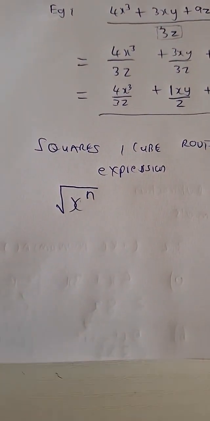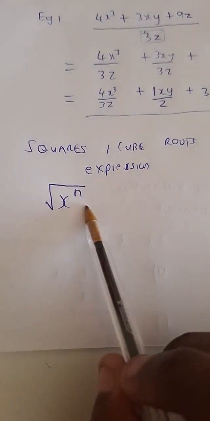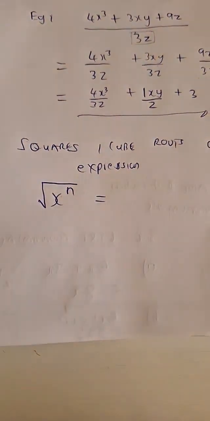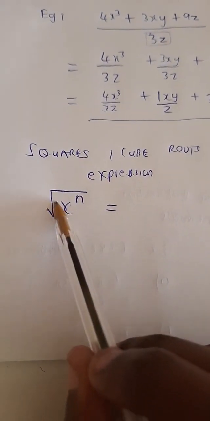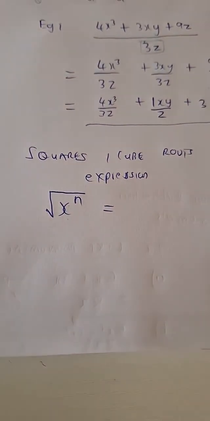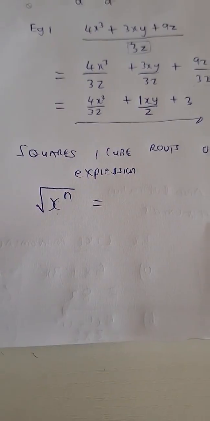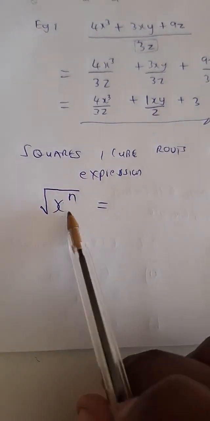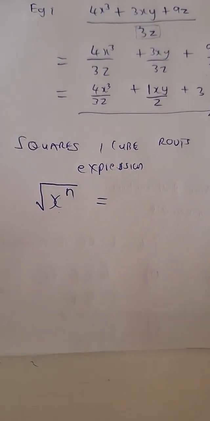I want to check if there's anyone in grade 9 who knows how we write this in exponential form. You did cover roots, squares, cube roots, and other roots and exponents, or at least you have an idea of this from term 1.